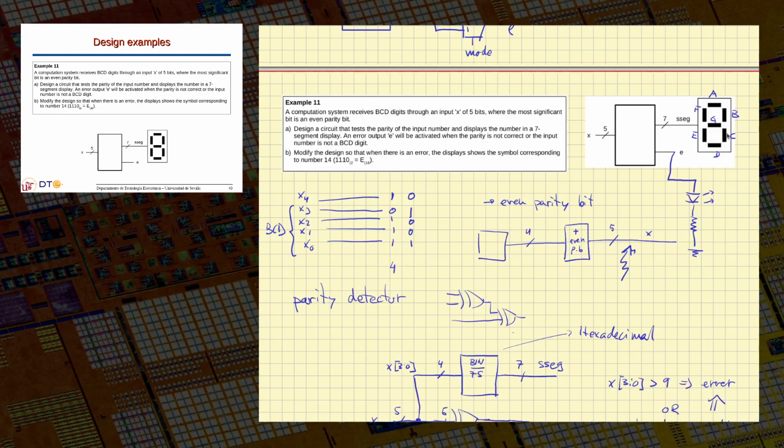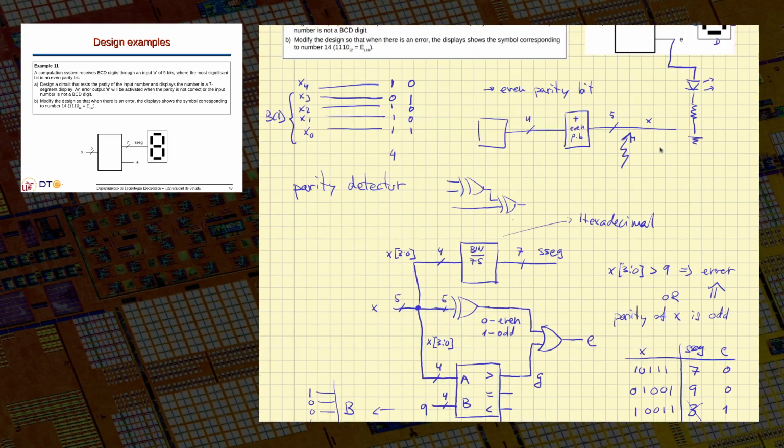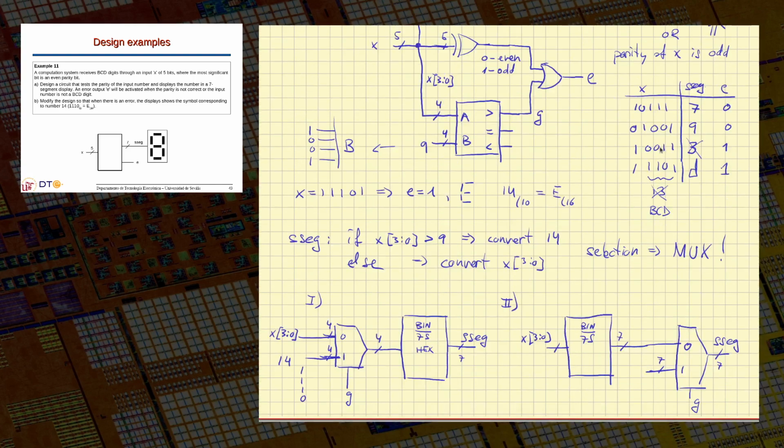So an error will activate A, F, G, E, and D. Basically, the code for letter E could be 1 0 0 1 1 1 1.